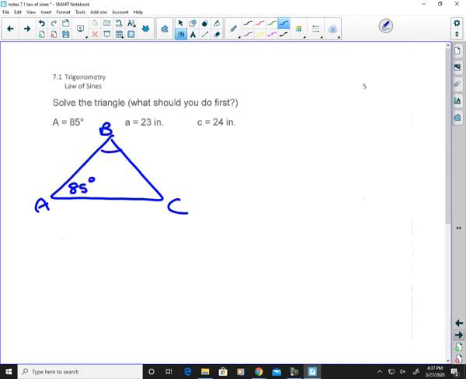I don't know B. I do know that A is 23 inches, C is 24 inches, and again, I have the side-side-angle case where it is ambiguous, and I'm going to look for 0, 1, or 2 triangles.